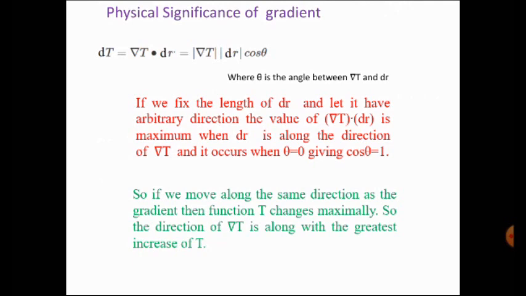So, if we move along the same direction as the gradient, then function T changes maximally. So, the direction of del T is along the greatest increase of T. These are the explanations about the gradient of a scalar field and its physical significance.